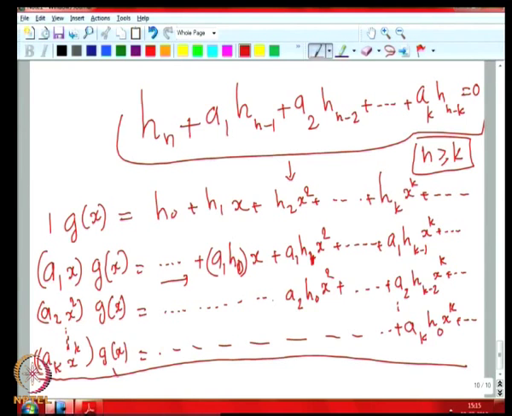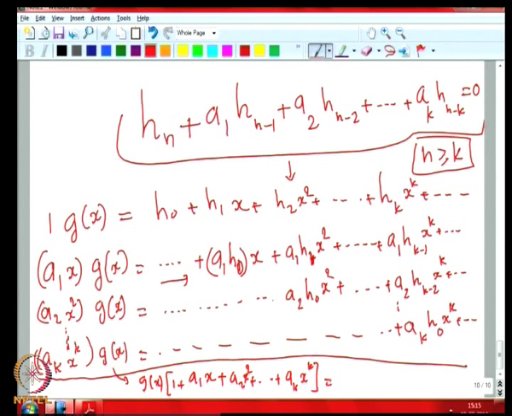So, this is what you get: g of x into 1 plus a1 x plus a2 x square plus and ak x raised to k. This is what we will get here.